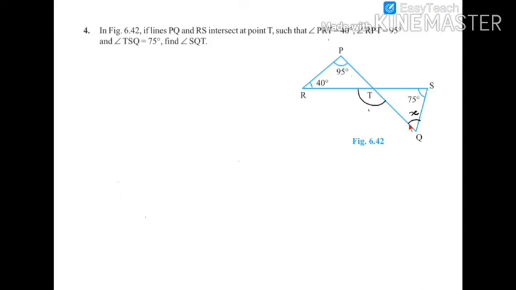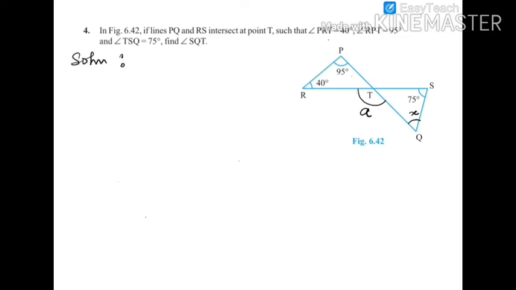In triangle STQ, side ST is extended to point R. Therefore, angle QTR is an exterior angle to this triangle as well. So let's mark this exterior angle RTQ with some variable, say A.